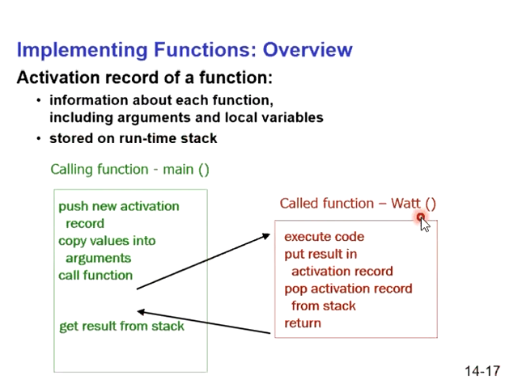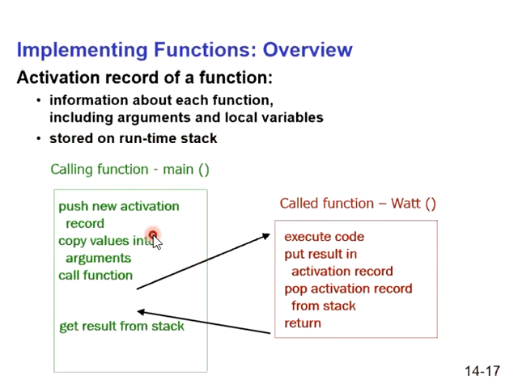When you call what, you run its code, put the result in the activation record, in the memory location storing the return value, and then pop the activation record from the stack to get the information for going back to main.